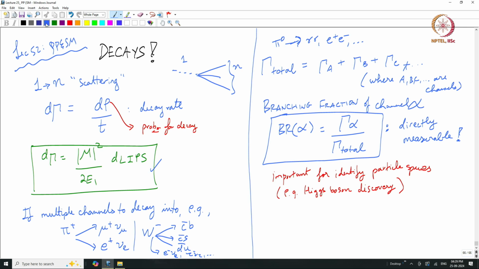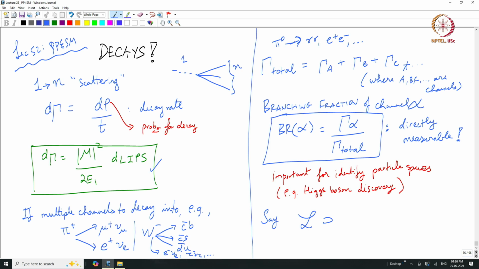Okay, so let us look a little bit more at how these decay rates go. For example, suppose I have a Lagrangian with 3 different scalars, an interaction among 3 scalars.